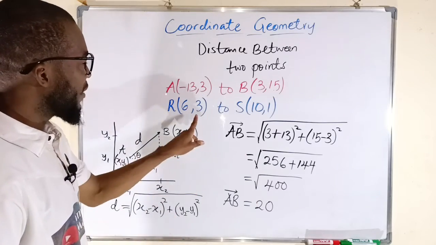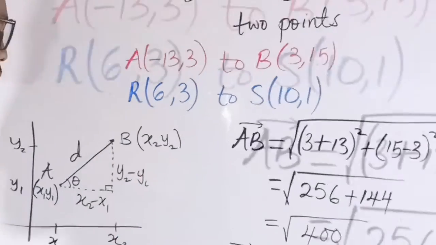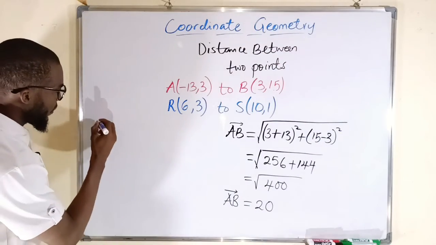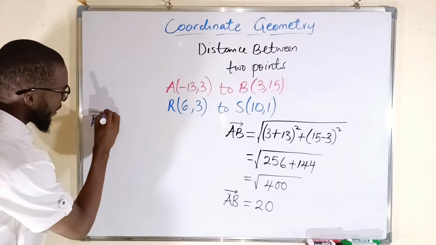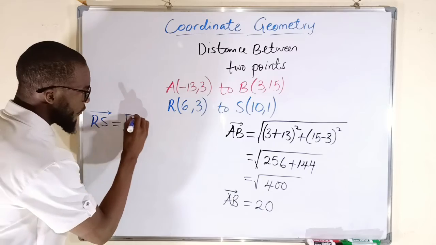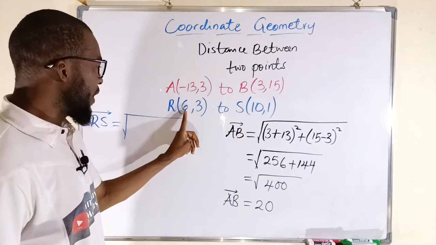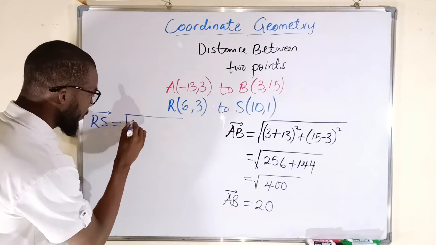So now let us find the distance between R and S. Apply the same principle. The distance between R and S is equal to the square root of, and you can start with either side, let me start from here, 6 minus 10.